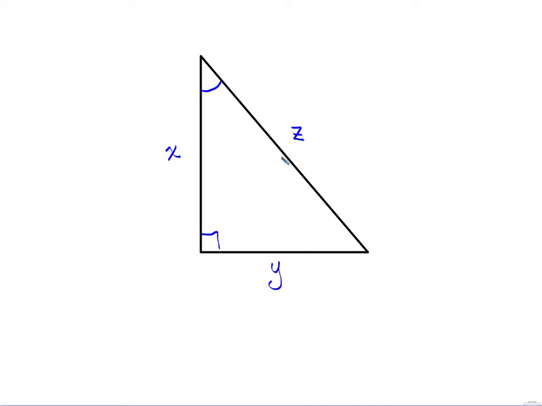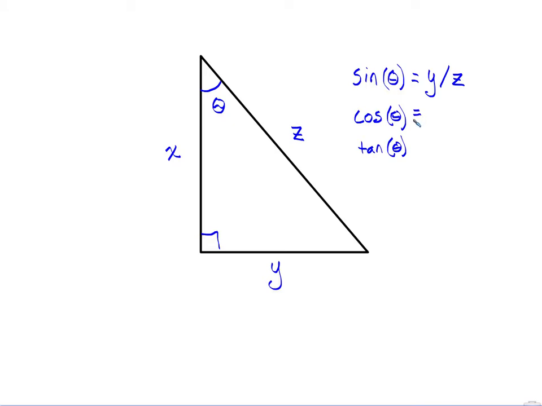Okay. I'm going to call this angle theta as well. Same 3 questions. What is sine of theta? What is cosine of theta? And what is tangent of theta? Okay, so sine of theta, what is that? Is it y over z? It is y over z.